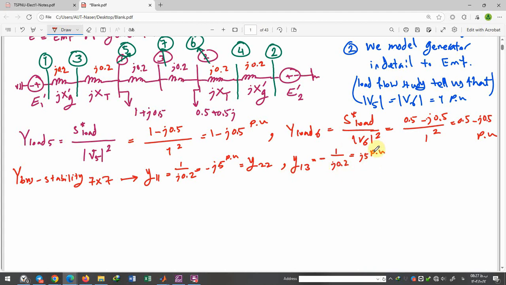This amount is equal to Y35, Y57, Y76, Y64, Y42.